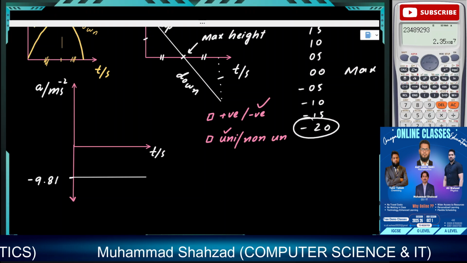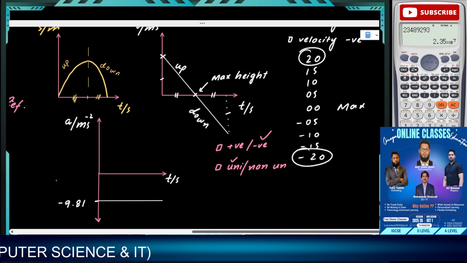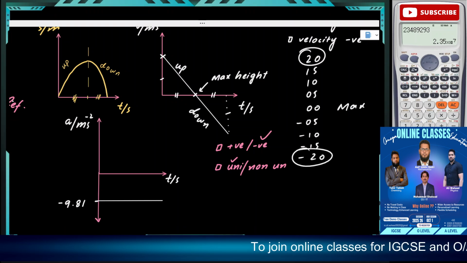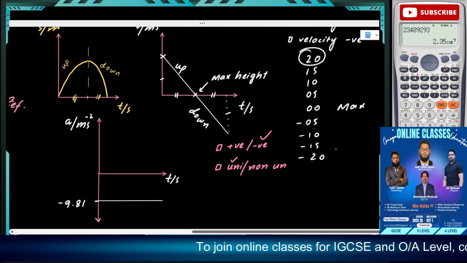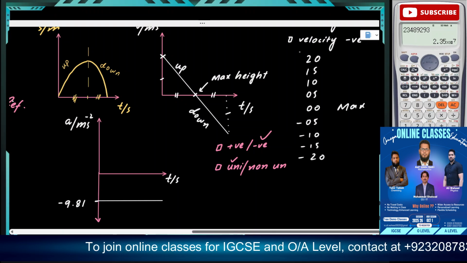So you see, whether the object is going up or down, we have considered the convention. Our acceleration is minus 9.81. And this is the usual convention, the traditional convention, or the most famous one.